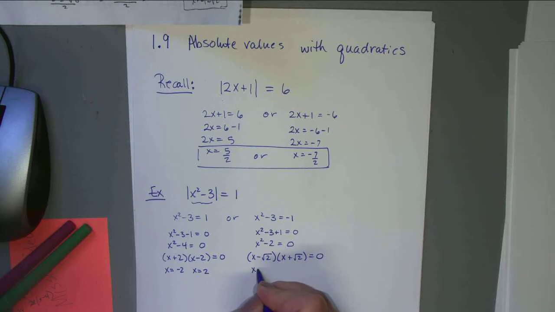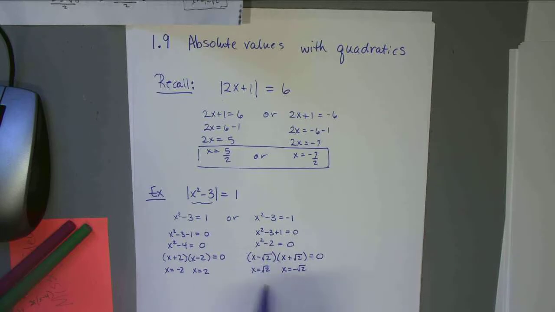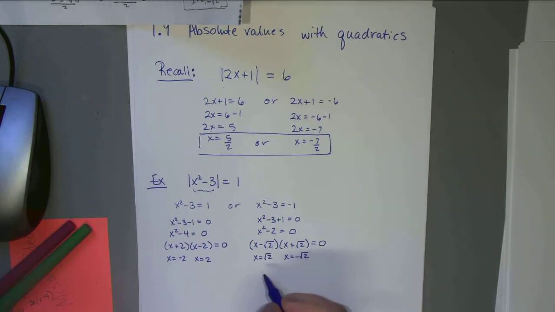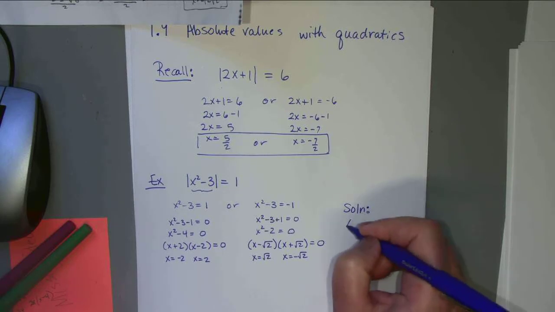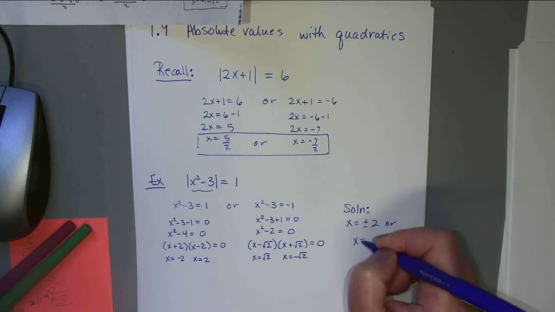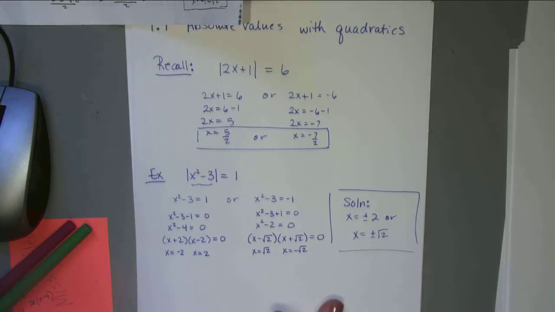So this will give us x equals root 2 and x equals negative root 2. So if we plug root 2 in here, we get a negative 1, which is 1, absolute value. So we actually end up with 4 solutions. So the solutions are x is plus or minus 2, or x is plus or minus root 2. So 4 solutions for that.